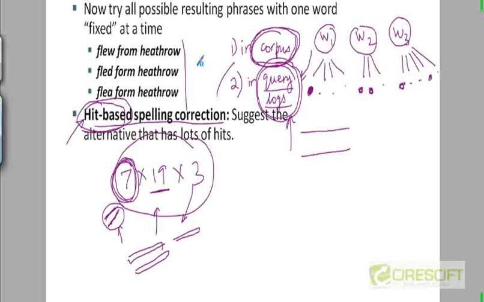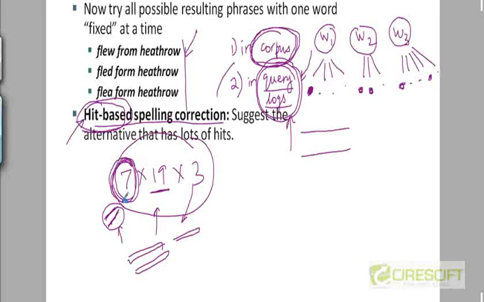Again, you can think of variants of this. Maybe, if you make the assumption that in any phrase query, only one of the words needs to be corrected. Okay, that's a possibility. You could maybe argue that users won't have spelling mistakes in all the three words. They will have spelling mistakes in only one of the three words. In that case, you can just try correcting the words one at a time.